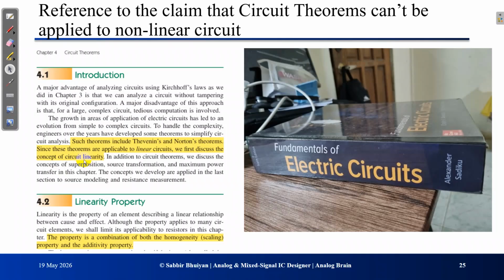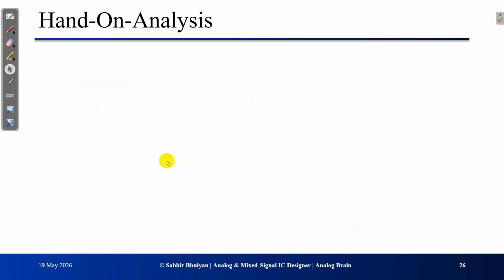So circuit linearity, linear circuits and linear circuit theorems are all related. They are not different things. The property is a combination of both the homogeneity property and the additivity property. You can find more in this book. So now let's start.